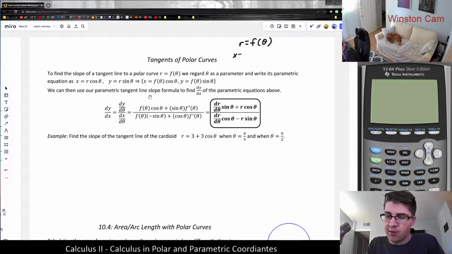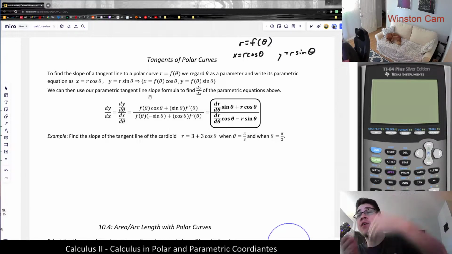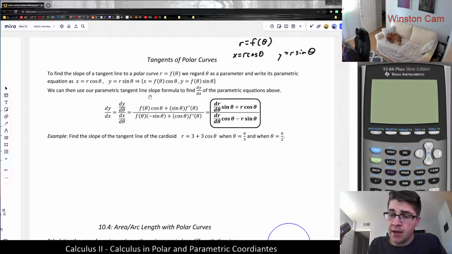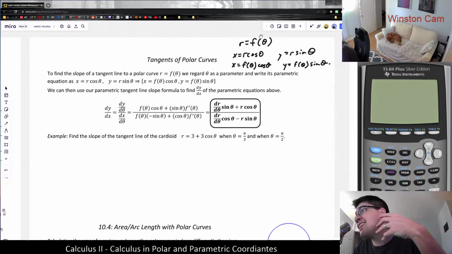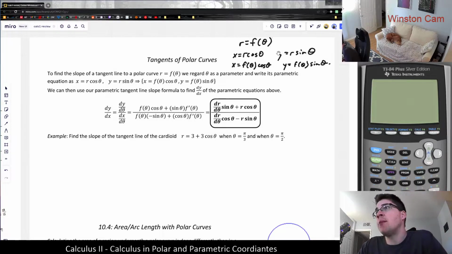And since x is always equal to r cosine theta and y is equal to r sine theta, that's always the direct relationship between x, y, r, and theta in polar form. We could just plug in f of theta for r, and what we'd have is x is equal to f of theta cosine theta, y is equal to f of theta sine theta. Again, assuming it could be written as a function. They don't have to be functions, and if it were not, then it would be a little bit more complicated, but still doable using essentially the same approach.